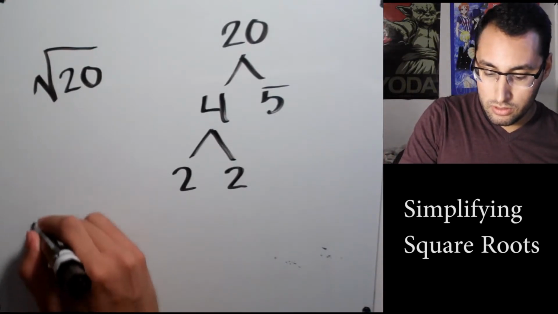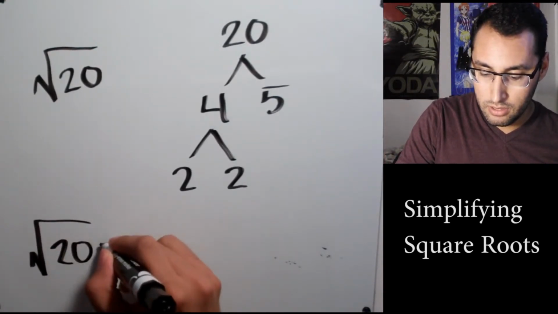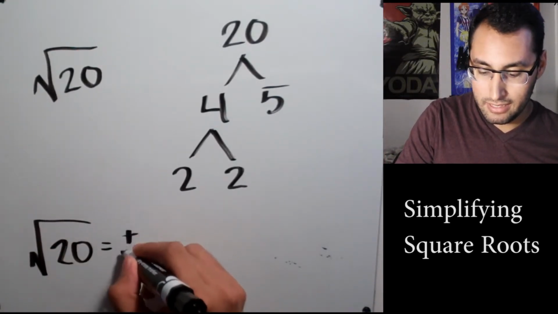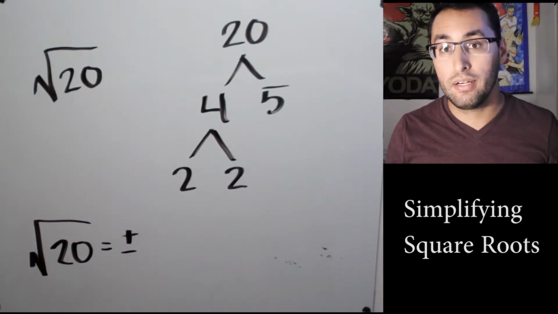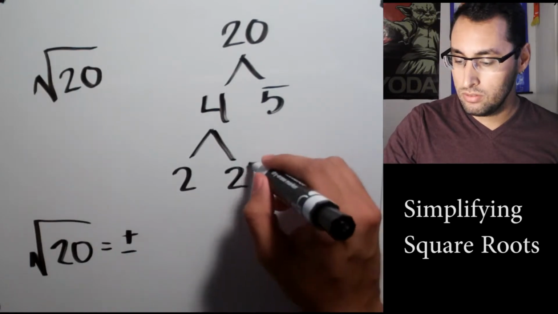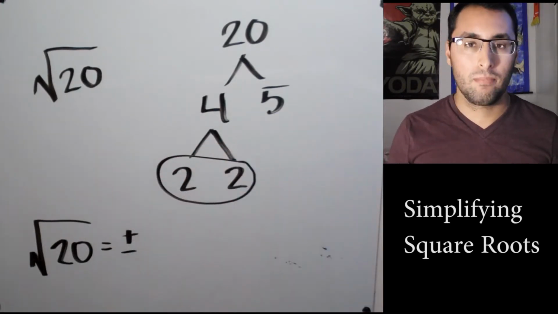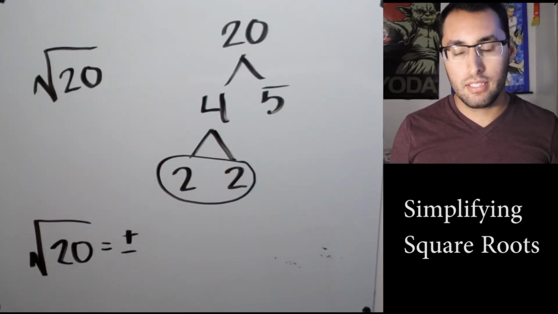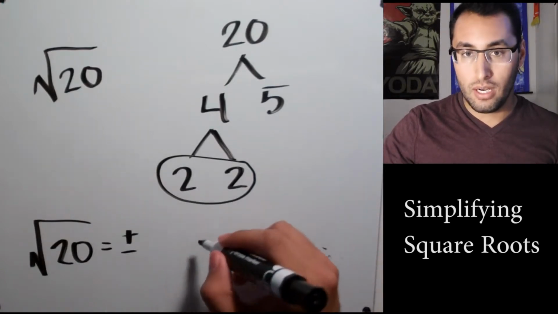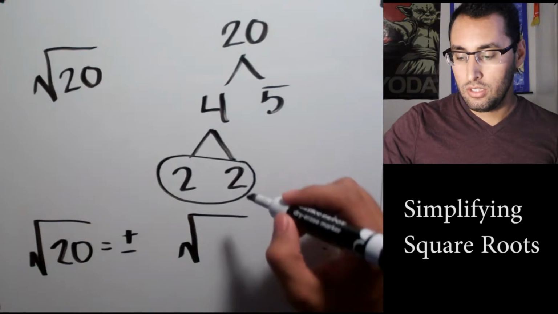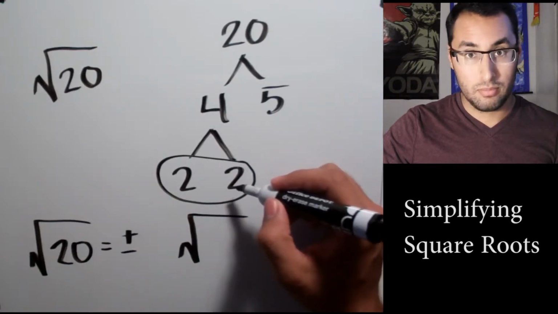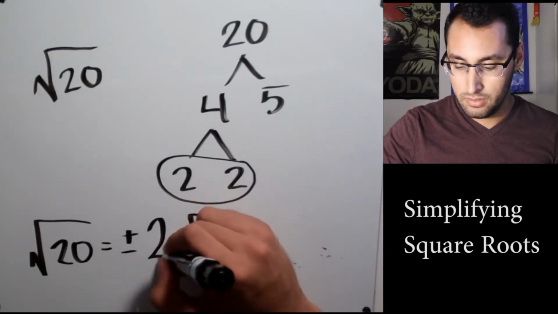So for the square root of 20, I'm going to put plus or minus. That's never going to change. But I look for pairs. Here's a pair. Pairs can go outside the square root. So I'm going to draw a square root over here. Since I have two 2's, that's a pair, and I put a 2 outside.